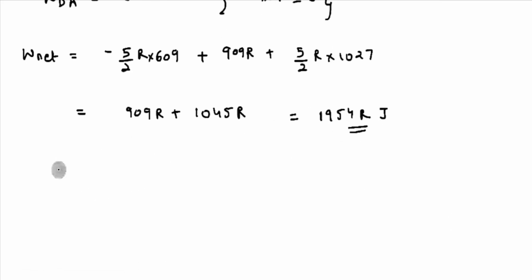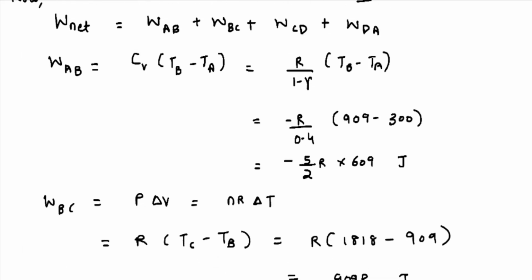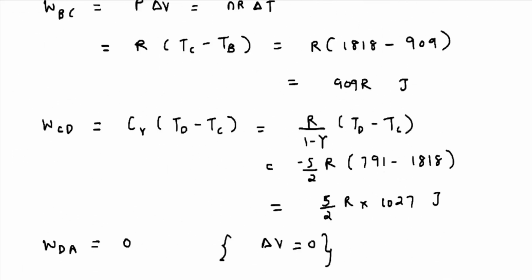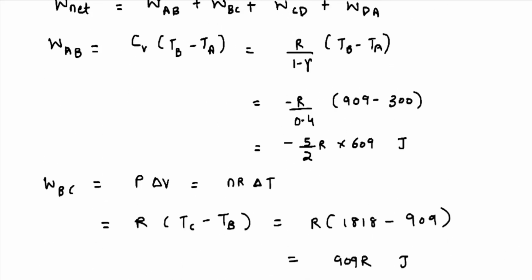So now we can easily calculate the efficiency, which is nothing but W net upon heat supplied, into 100. So we can write it as W net, we have calculated the value as 1954 R divided by heat supplied, which we have calculated as 3182 R. All right.